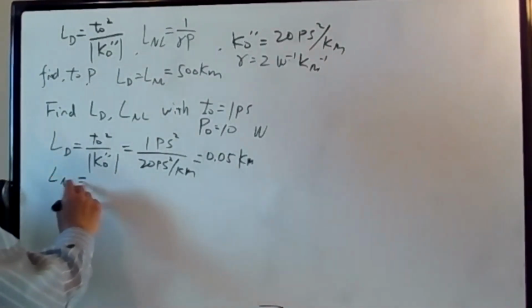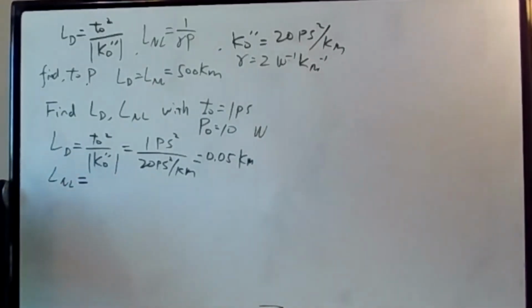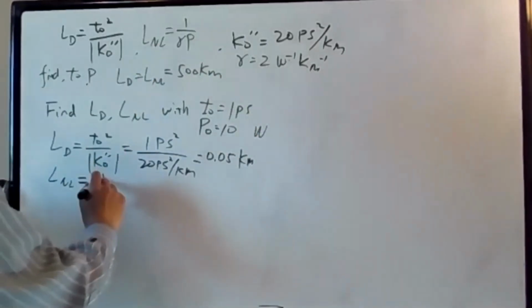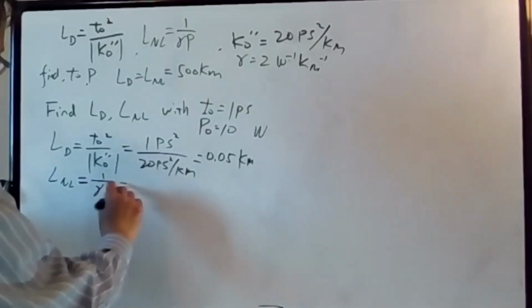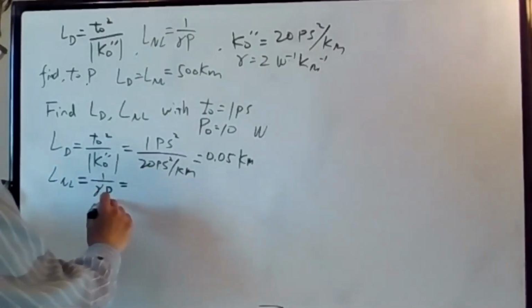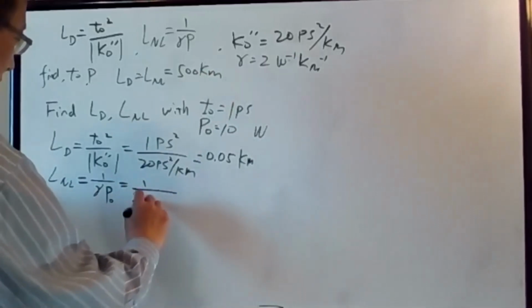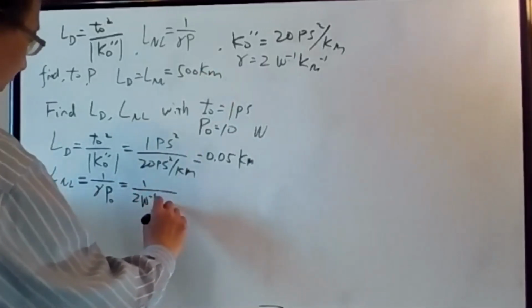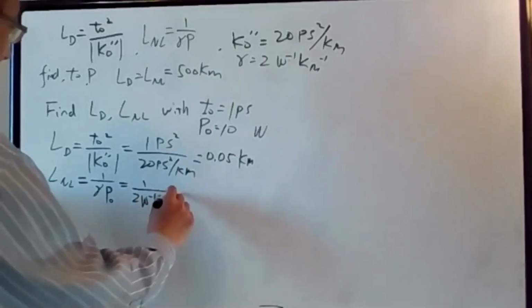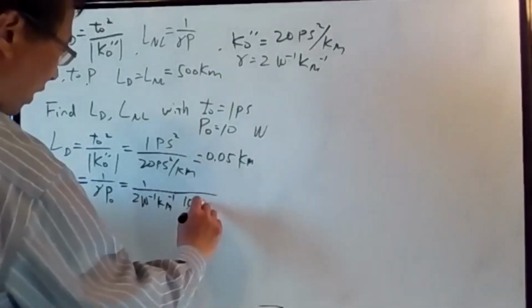Then we calculate the nonlinear length. The nonlinear length will be 1 over gamma P naught. Gamma is 2 inverse watt inverse kilometer, and P naught is 10 watt.